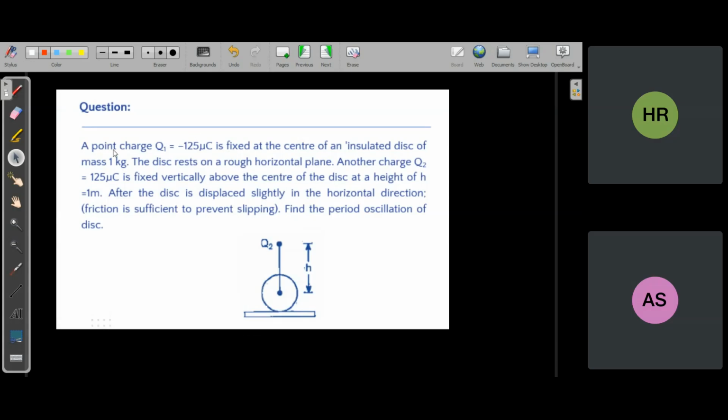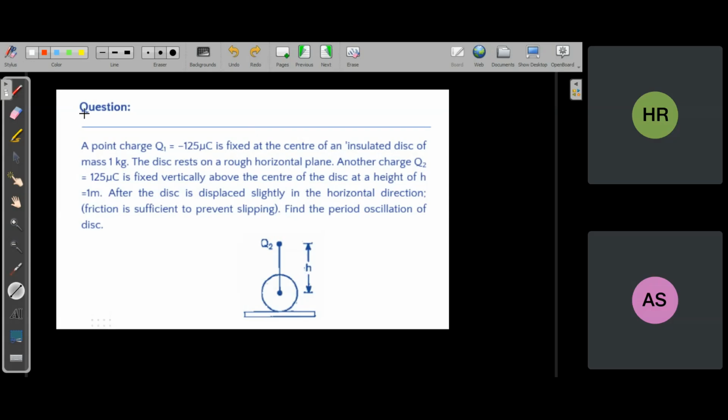So if the disk is displaced slightly, will this force produce a torque about the point of contact? Right now the line of action of the force passes through the point of contact, so it cannot produce any torque about the point of contact, right?